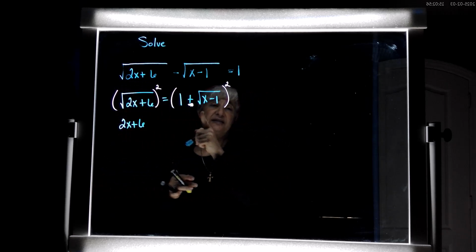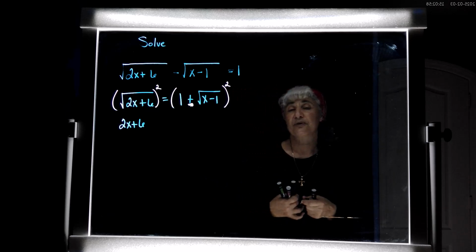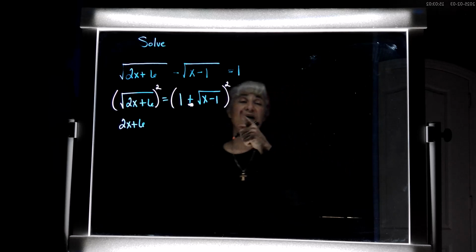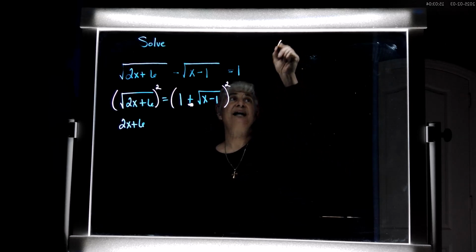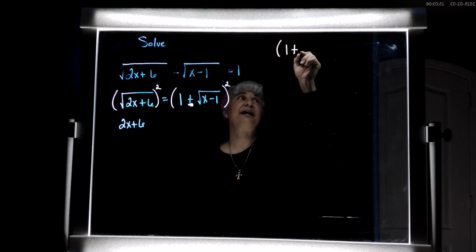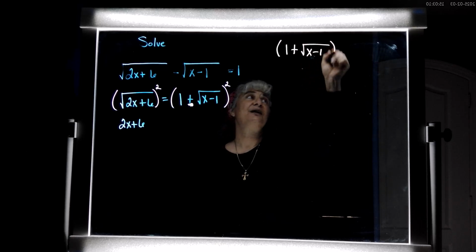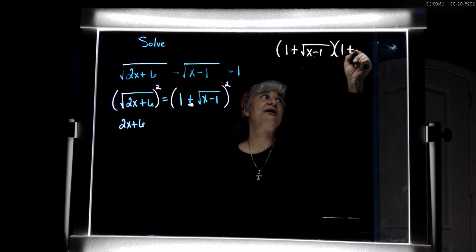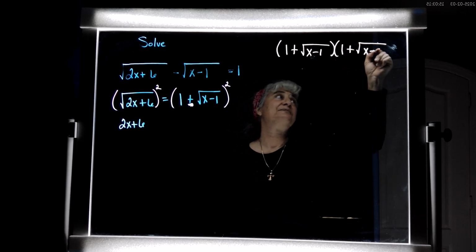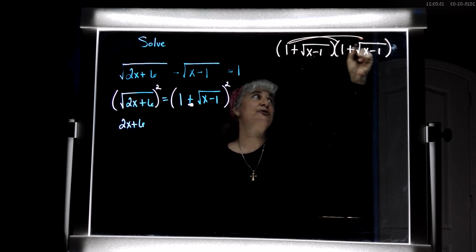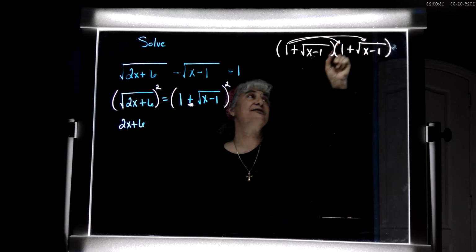Good. Now this side. Remember, the shortcut does not mimic the long way's answer. So you've got to write it the long way, which means that square says you're going to have to take this parenthesis and write it out twice. And you're going to have to distribute. So I'm going to take the 1 and distribute to both terms inside here.